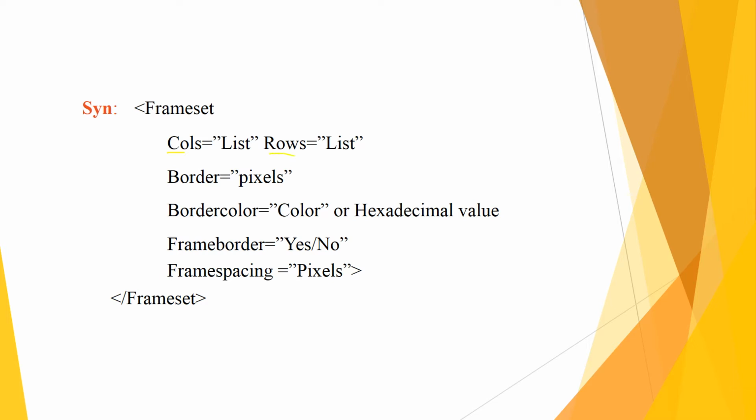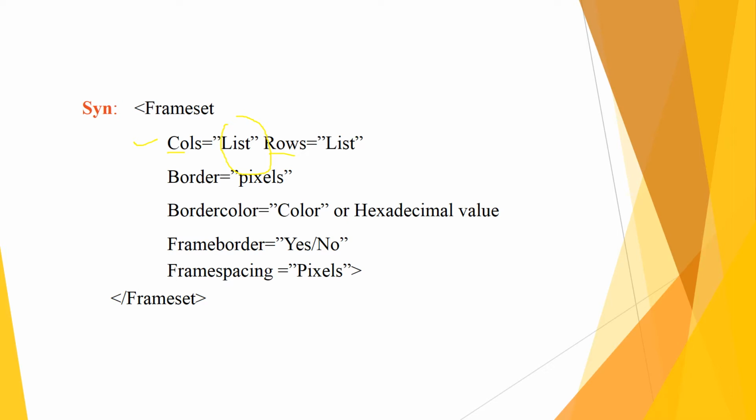If you want to divide your frames vertically, then use cols. The list here means the percentage of the frames, that is, how much percentage of the window it will take, and we have to mention it here. Rows, if you want to divide your frames into horizontal frames, then we will use rows.